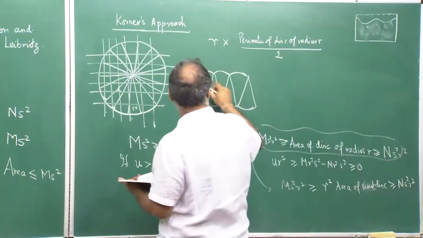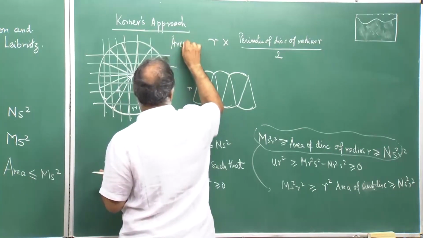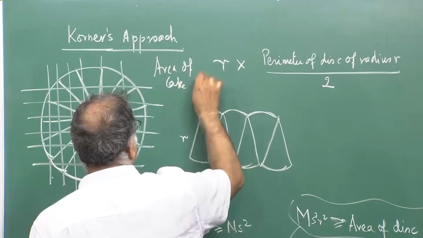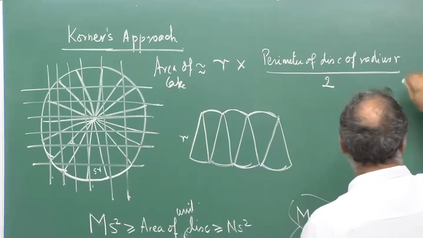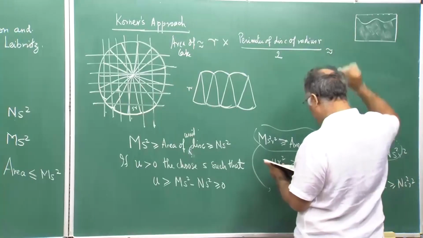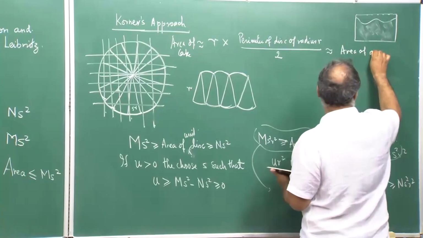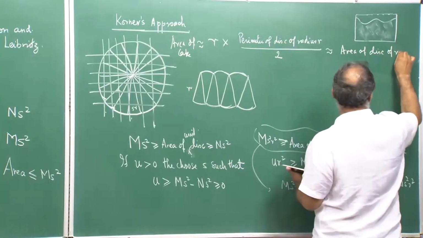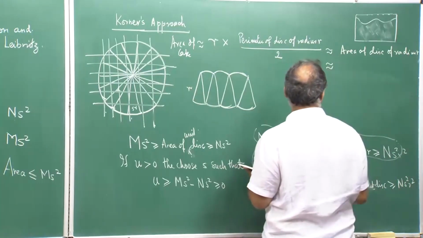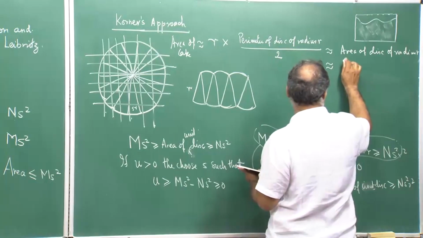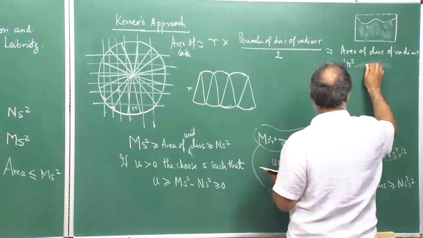The area of this part I can call the area of the cake, which is roughly the product of the sides of R. So this is roughly the area of the disk of radius R. Now, this is nothing but r square into the area of the unit disk.